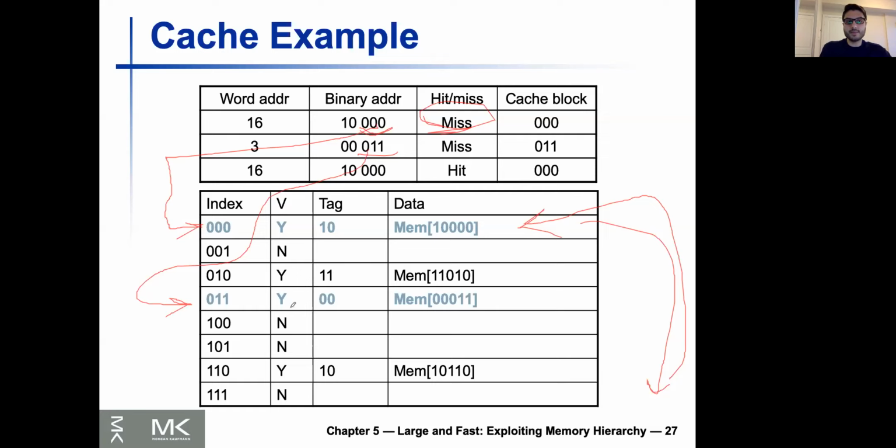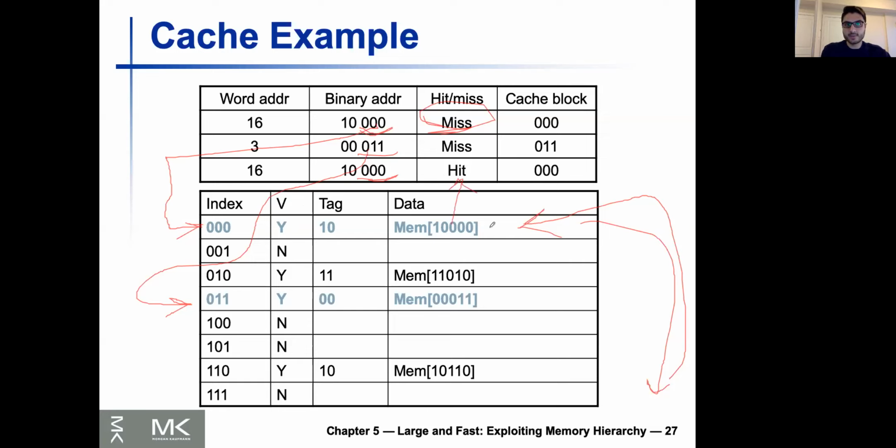The same thing happens. I was hoping to find the 00, it wasn't there, and I went to the memory, fetched it, and brought it back up. Again, we were trying to access this one, which we missed two references ago. Now we went here, the same block, the same tag, and it's already there. The valid bit is also set, so all good.